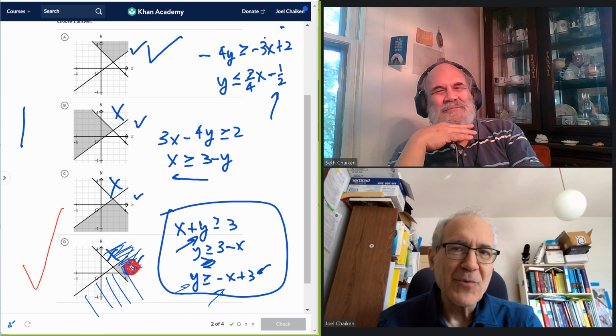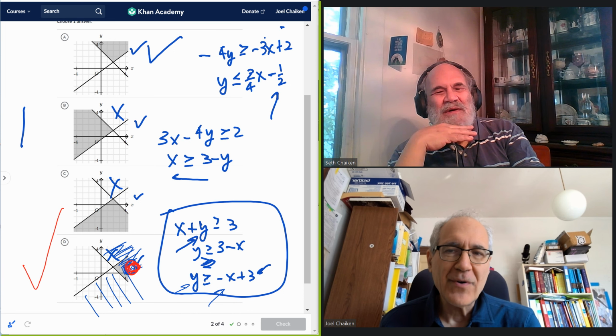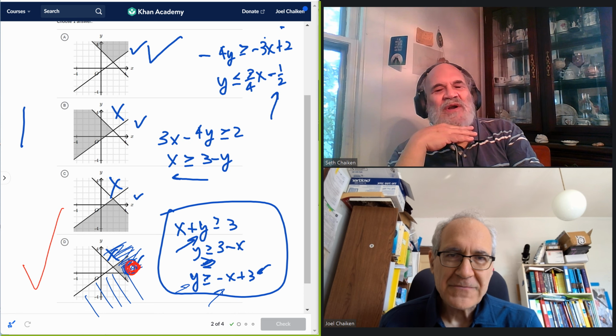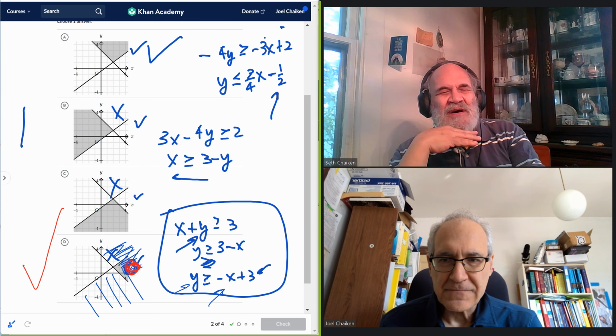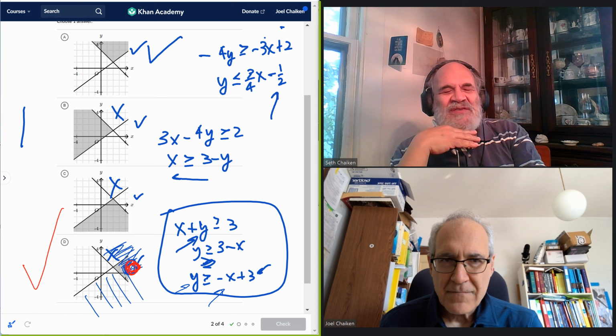You want to look for a more clever solution, maybe picking points in each solution set and testing them. No. It's what I said at the onset. I looked at the 4 choices, and geometrically, each of the 4 choices has a different geometric situation.